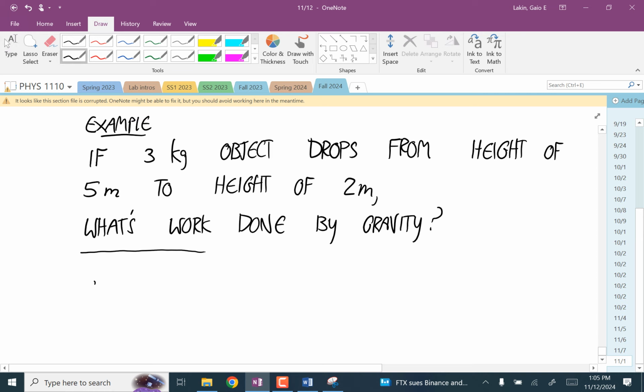Well, the displacement vector is the later position minus the earlier position. So I'll write this as the later position is 0, 2. The earlier position is 0, 5. So our displacement vector is 0, -3 meters.